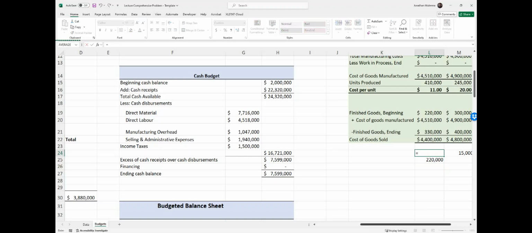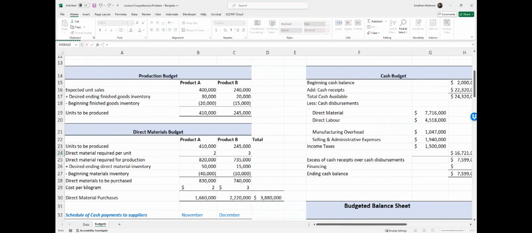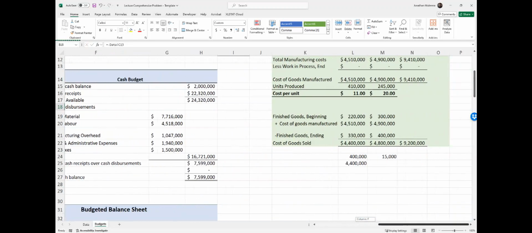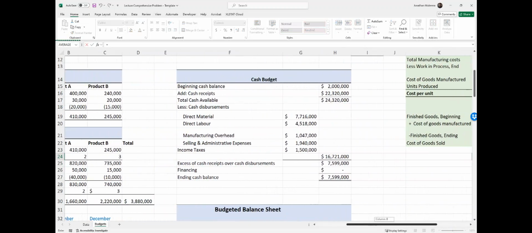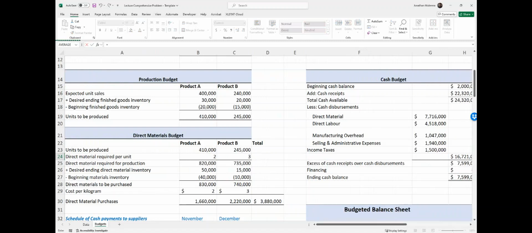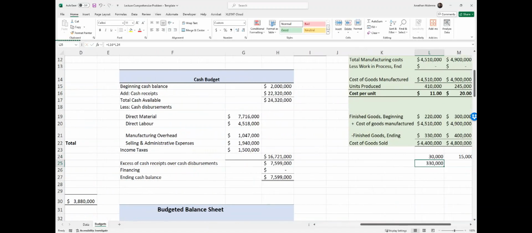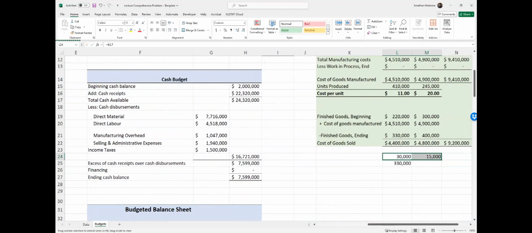So let's start over. Finished goods was desired ending finished goods. So desired ending finished goods is 30. So desired finished goods was 30 for product A and 20 for product B.